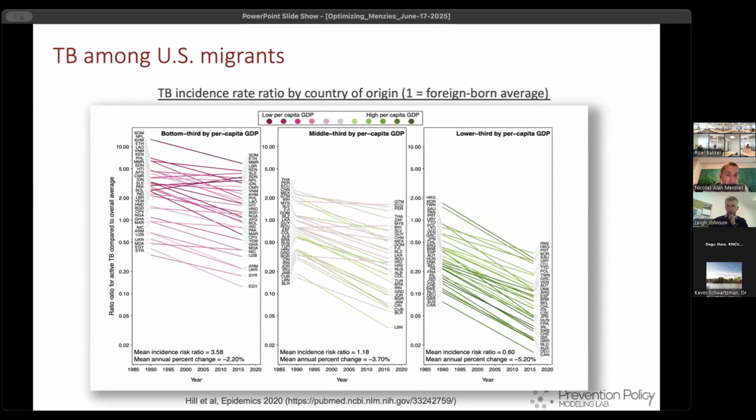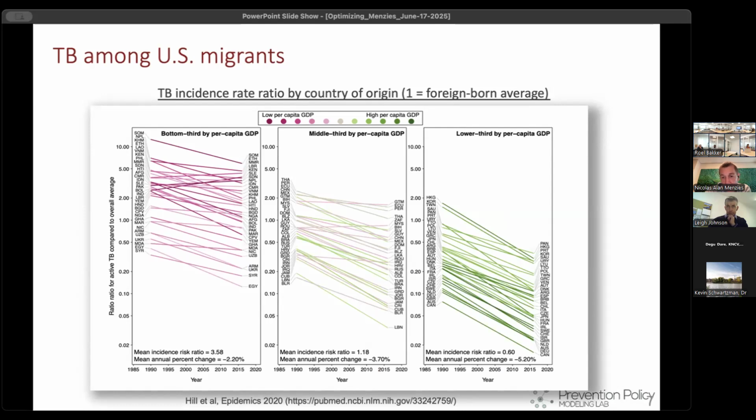This is now allowing each country of origin to have its own trend line for migrants coming into the United States. So you can think of this line as representing how much risk of TB a person had upon entry to the United States. And so a steep line would be suggesting that, even if people who migrated into the United States 40 years ago had high risk, those migrating today had much lower risk.